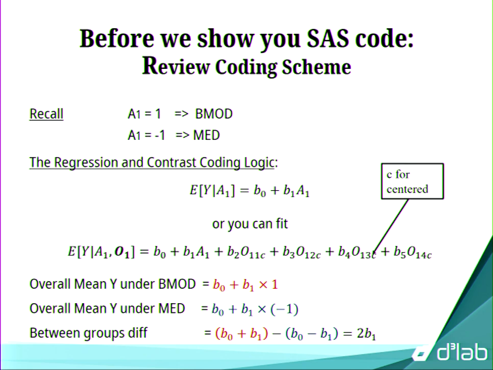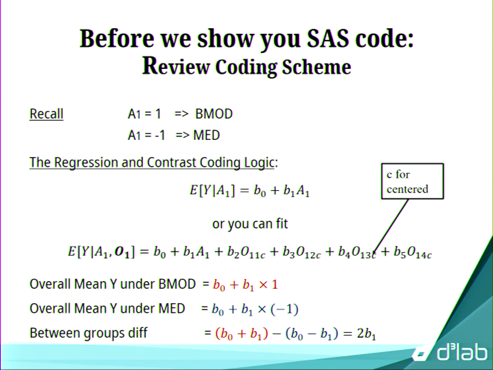So, to get the expected outcome under BMOD and under MED, we can do this based on the model, right? Instead of A1, you plug in 1 to get the expected outcome under BMOD.